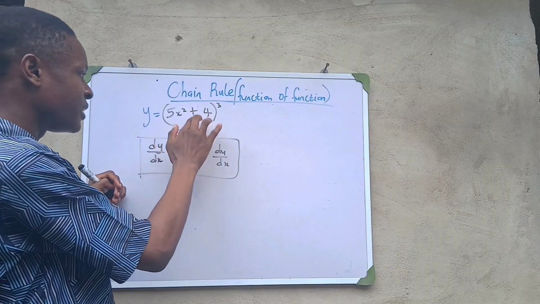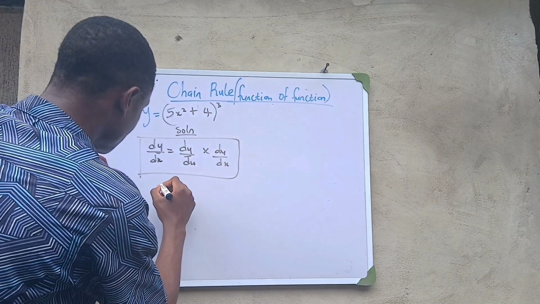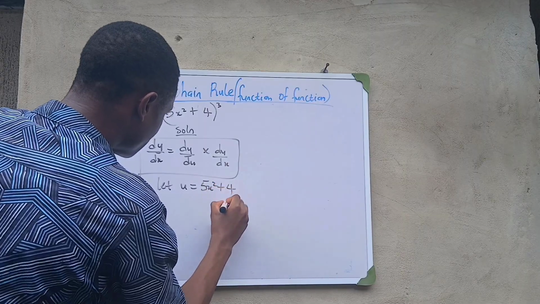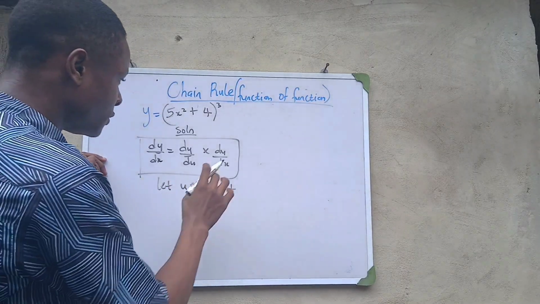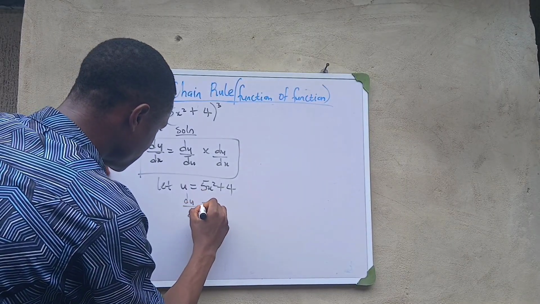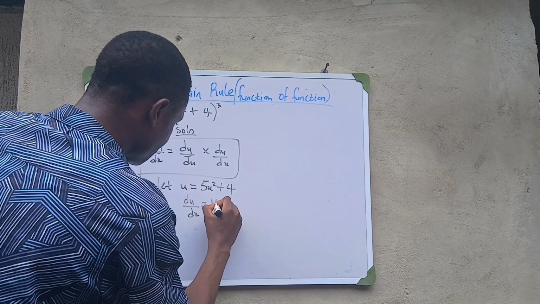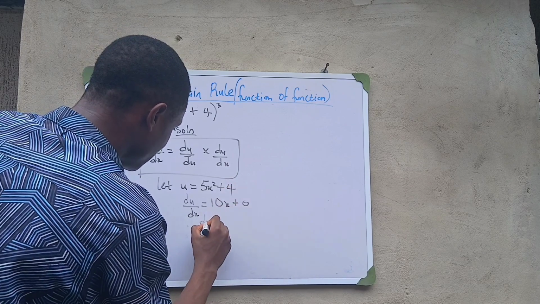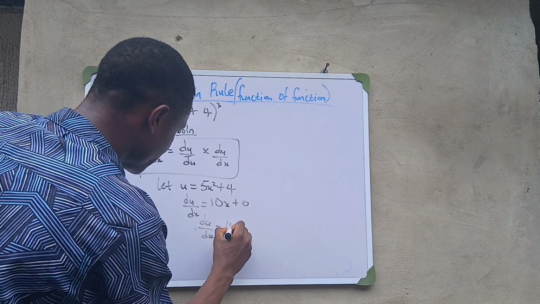So now we are going to replace this with u. So we have let u be equal to 5x squared plus 4. So now for us to get this, we have du over dx is equal to, differentiating this, we have 10x plus, differentiating this, we have 0. So we have our du over dx to be equal to 10x.